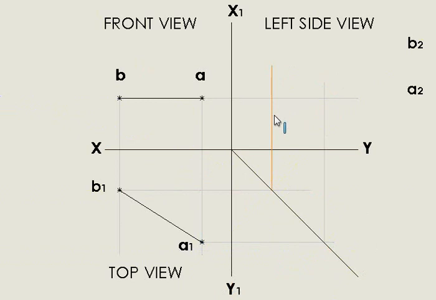And where this line and that line meet, point B hits the 45, goes up there, and point B goes across here. That must be point B2. Straight away I'm going to label it so that I don't forget which is which. And therefore this must be the intersection point, A2.